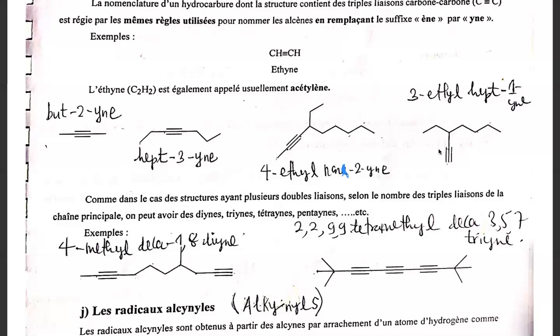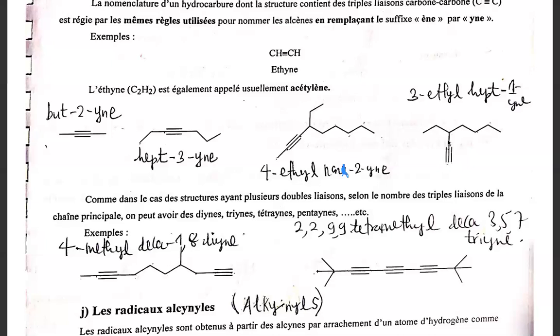Okay. So I also include this last example. The chaîne principale is the one that contains the most carbon. Here we count with preference over the triple liaison. Is it clear? We count from the triple liaison, just like the alkynes, it's the same thing.